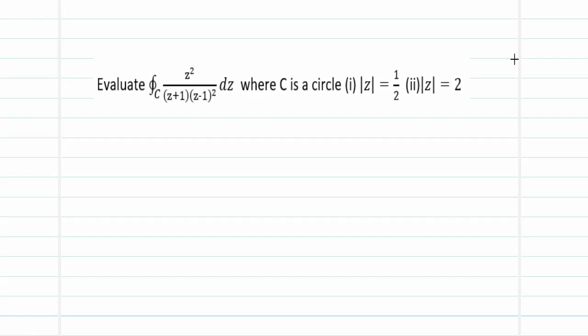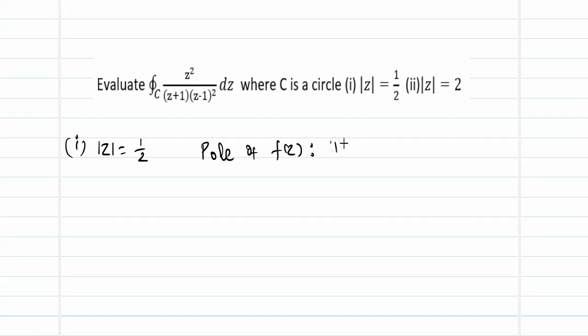All the problems evaluated in this set of videos will be applying Cauchy residue theorem. That's for your reference. Now getting started, we have to evaluate the integral, and I am going to take up the first part, the boundary mod z is equal to half. The very first thing we need to do in the evaluation is to estimate the poles of the given function f of z. How do we estimate the poles?